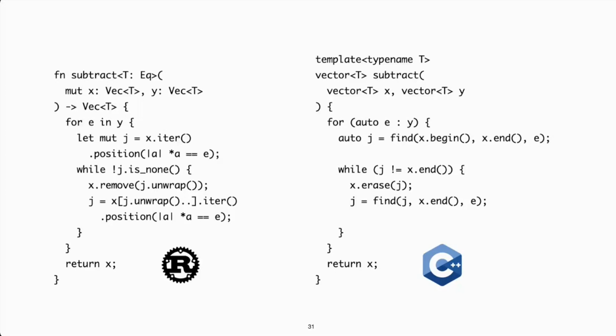So when we pass arguments by value, like here, they get moved into the function. And we'll see what's the implication for the caller in a minute. The mut keyword tells us that X is mutable in the scope of the function, which isn't the case for the second argument. However, note that Y is also moved into the function. It's also passed by value.